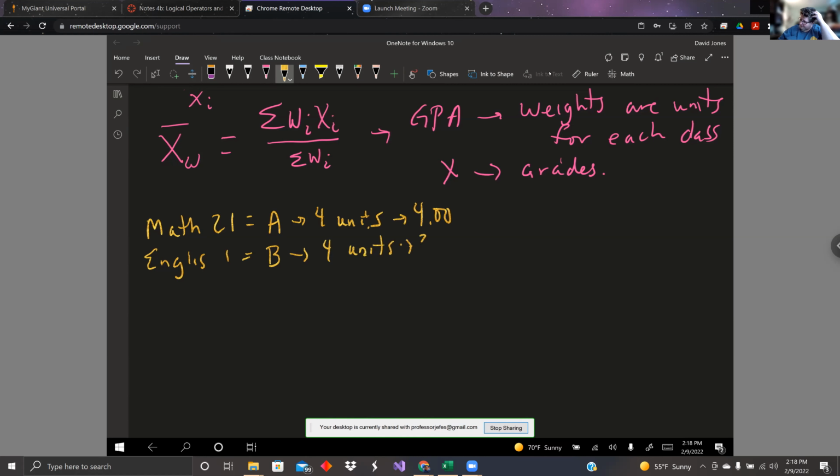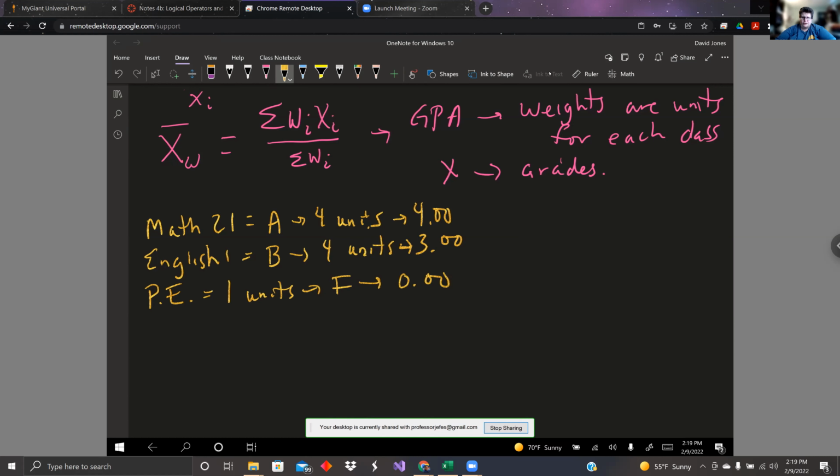And a B is a GPA of 3. And let's see, what else can we throw in there? Let's say PE, a 1-unit course. And let's say you're lazy like I am, but you get an F. So you get 0 points there.